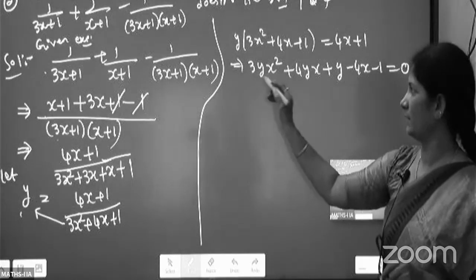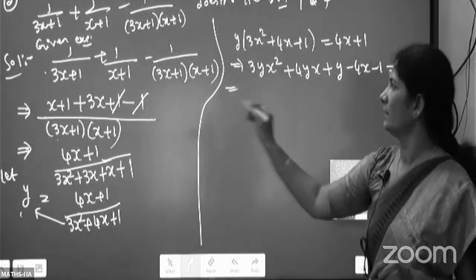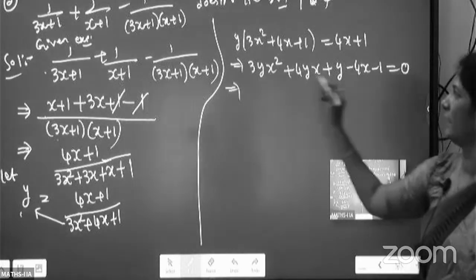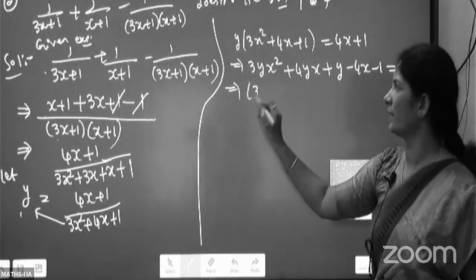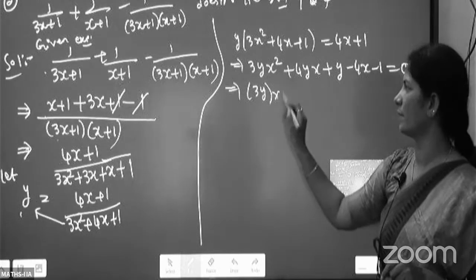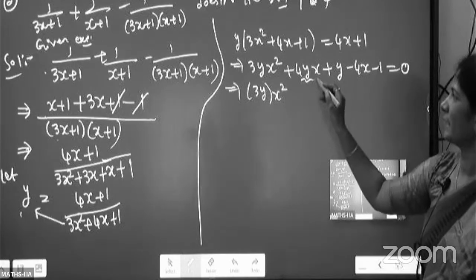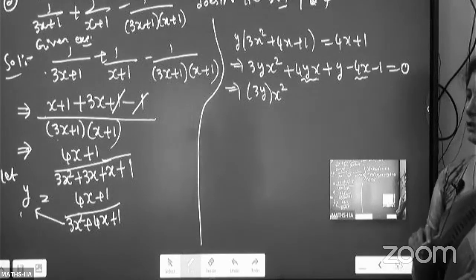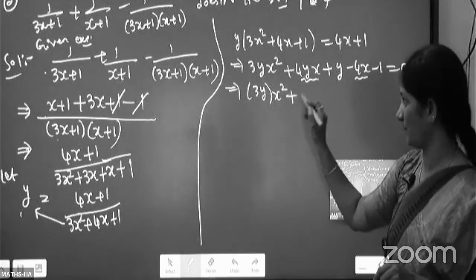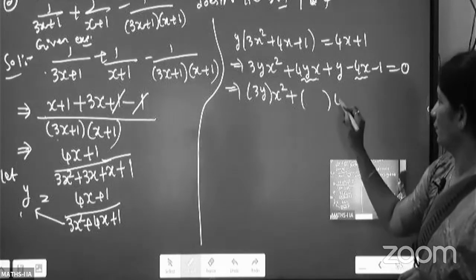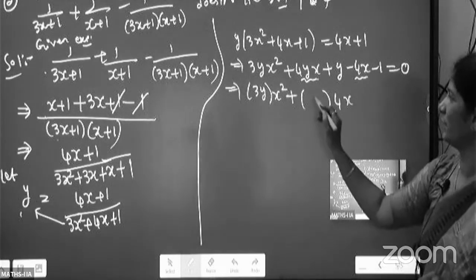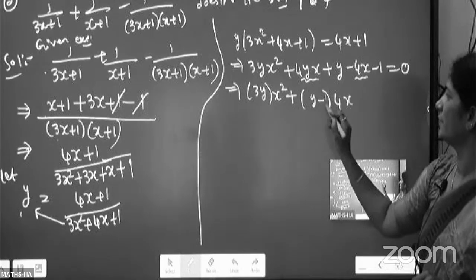Now, same as the final expression. How many x square terms are there? Only 1. So you can write 3y into x square. Next, observe the x terms. How many x terms are there? 2 x terms are there. So in this, what is common? 4x is common. So what do you get? y minus 1, where nothing means 1.